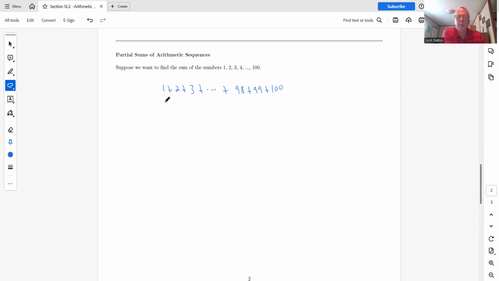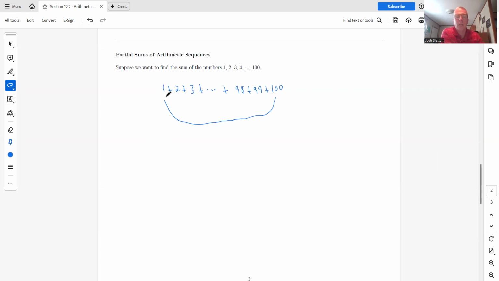And one thing you can notice is if we kind of group these terms together. So in addition, as you probably know, you can add in any order. So if you have 1 plus 2 plus 3 plus 4, you can add the 1 and the 4, the 2 and the 3, and then add those two sums together, or you could add the 1 and the 3, the 2 and 4, add those sums together, or whatever order you want.